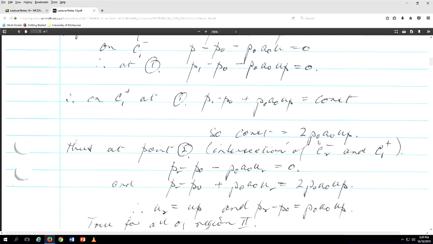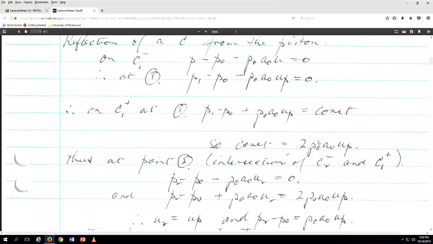So that's terribly significant here, because it's saying that in the whole of region 2, everywhere, P is a little higher than the ambient pressure, and the velocity is to the right. U is equal to UP to the right.